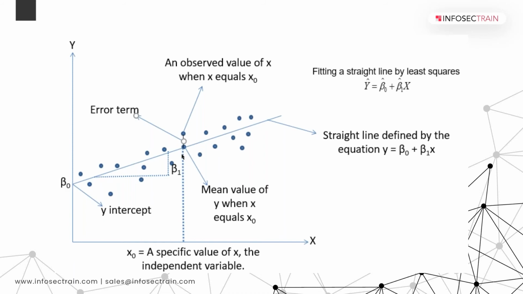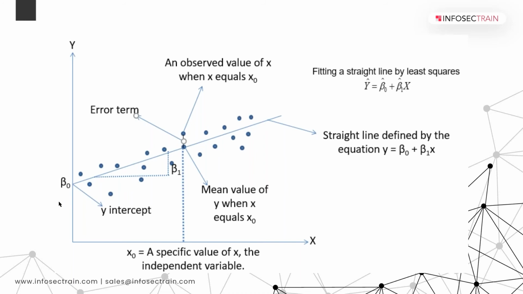That point is my predicted value for this particular actual data point. The difference between this actual data and the predicted data is the error value. Likewise, you can find the error for each and every data point by using this regression line.